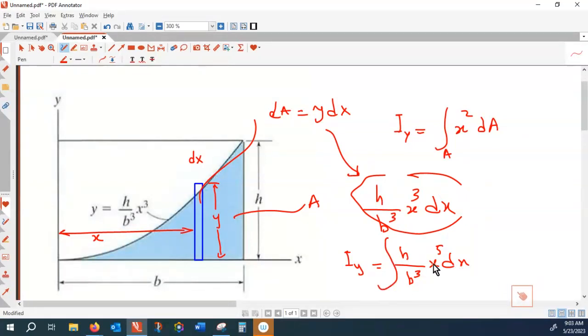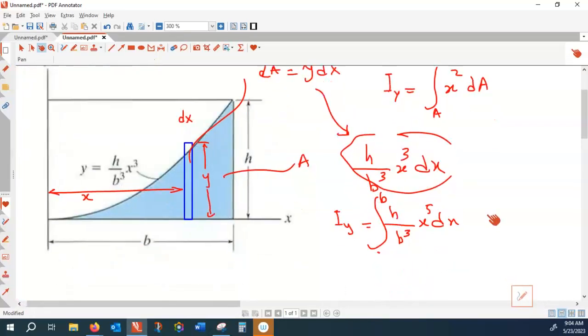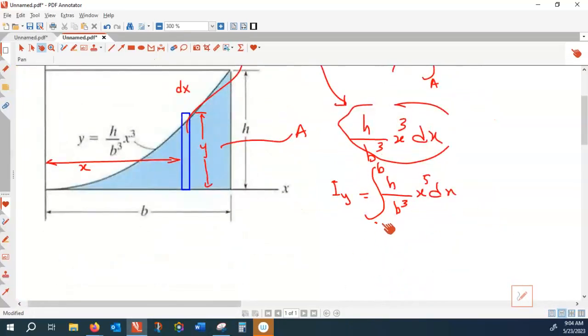Because the scan is horizontal on dx, x is changing from 0 to b. You remember that integral from calculus: the coefficient comes out, that is h over b cubed, and this is x⁶ over 6, with limits from 0 to b.